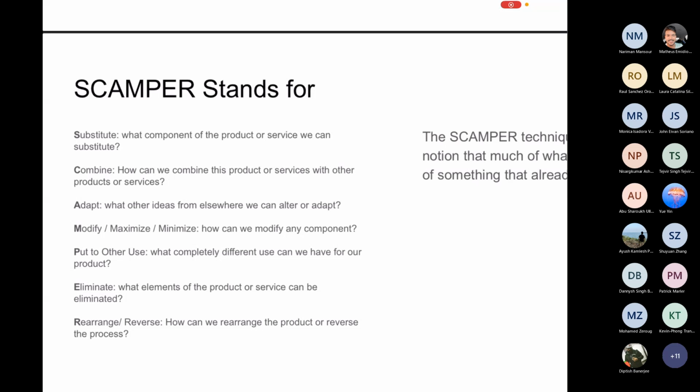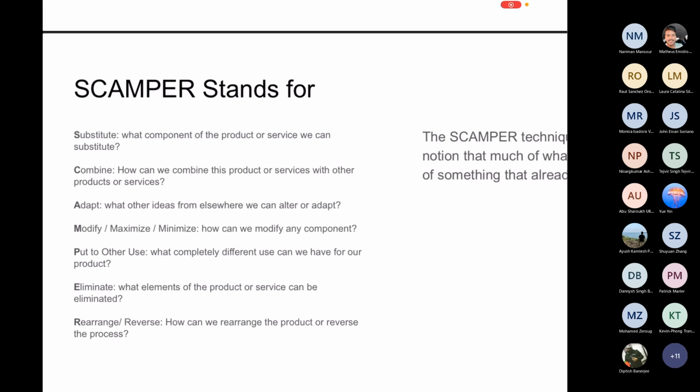So let me know when you are ready. You can explain to us the first product. Okay, so the first product will be a toothbrush, our normal toothbrush. How can we come up with new product ideas for it? We will start with substitute. That's a tough one. Let's think about it.